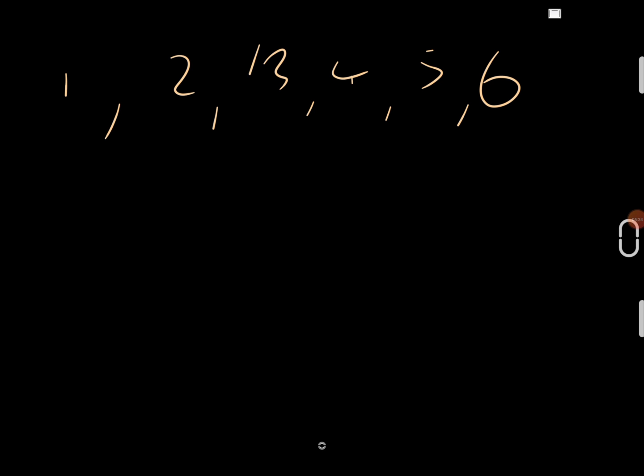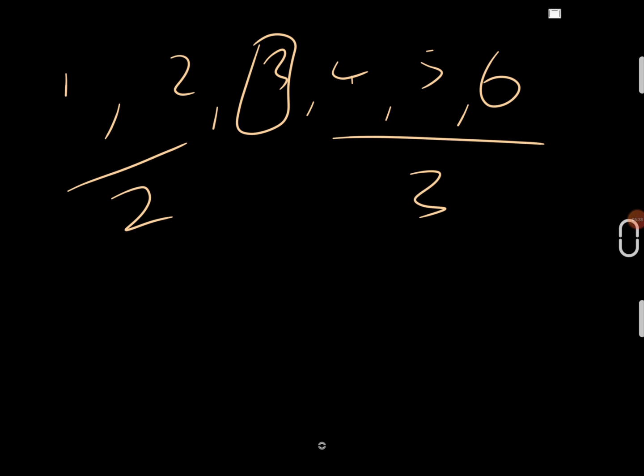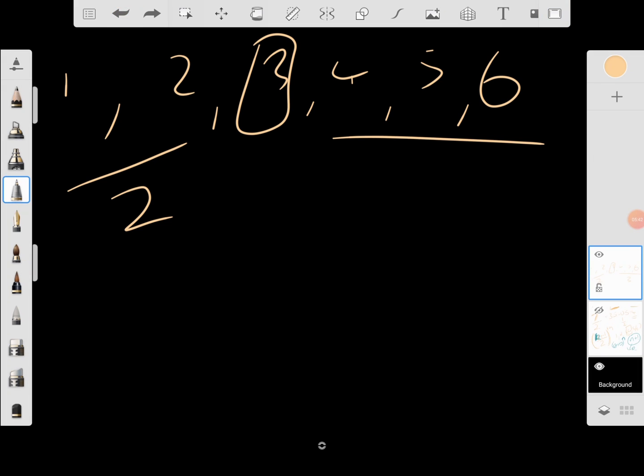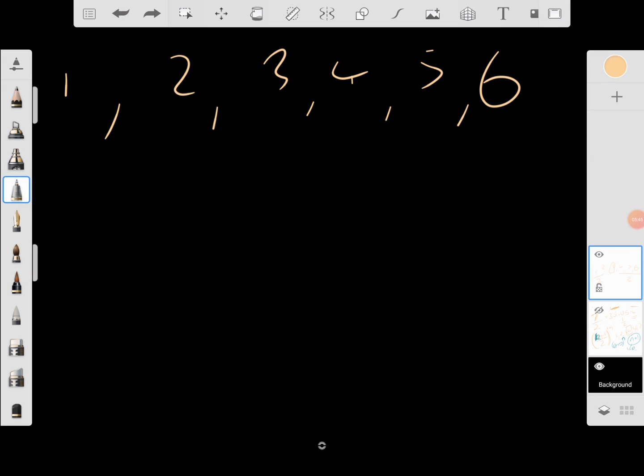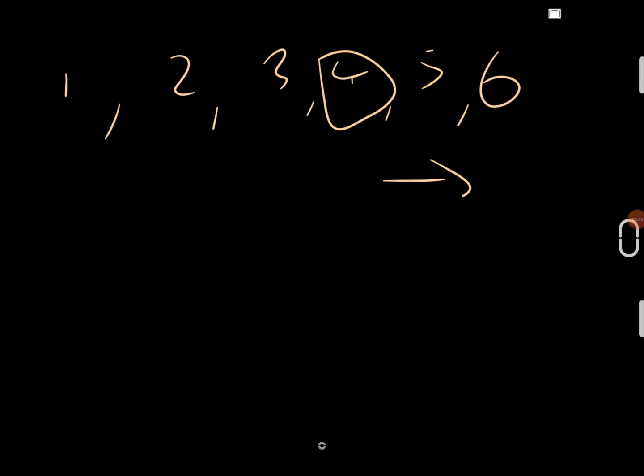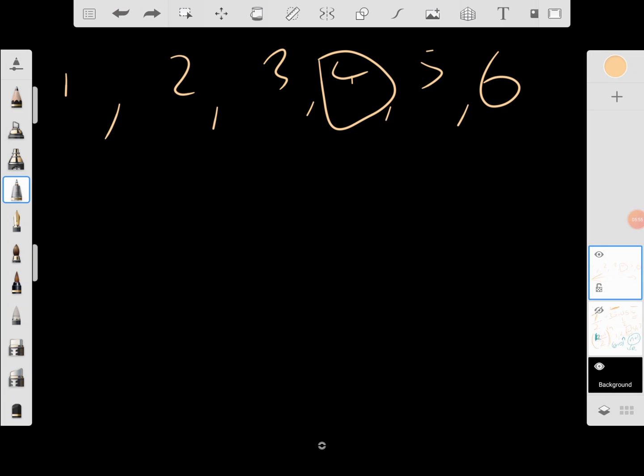If you tell me 3, the problem is there are 2 terms below and 3 terms above, so it is not the middle term. And if you tell me 4, then again there is an issue. There are 2 terms on one side and 3 on the other, so again it is not balanced.